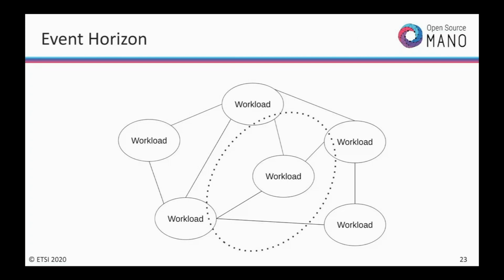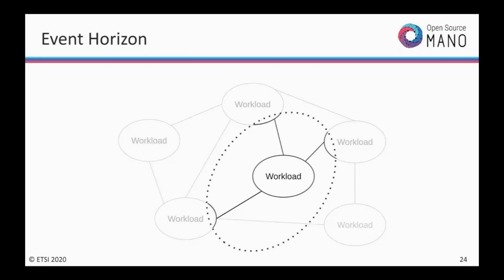Your piece of software will only see events that are directly connected to it, right? This central workload, if that was a VM running a VNF and your charm was there, it will only see events from the workloads around it related to the specific integration with itself. It won't see any events further away in the graph.